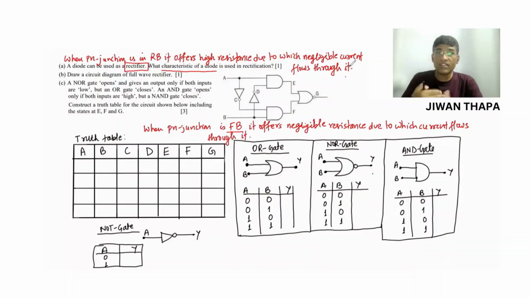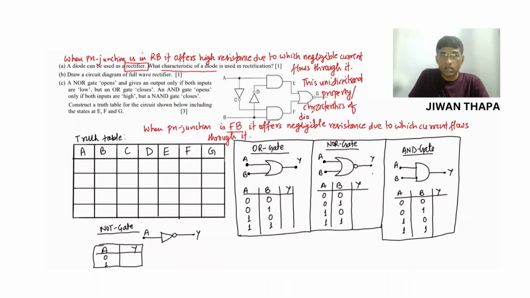So this unidirectional property or characteristic of the diode, the PN junction diode, is used in rectification.